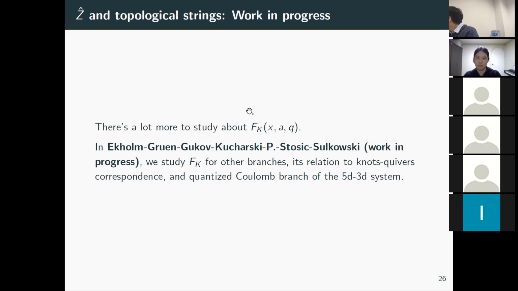What we study in this work in progress is that one of the things we observe is that these FK not only satisfy the q-difference equation coming from the A-deformed quantum A polynomial, they also satisfy q-difference equations with respect to the A variable.